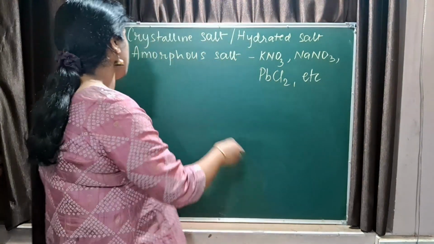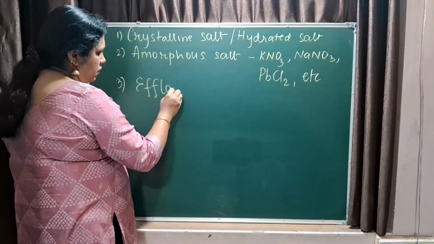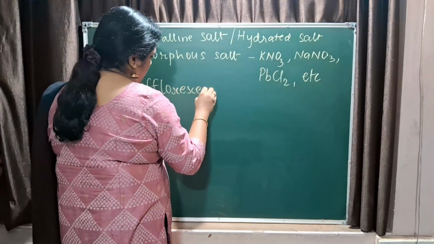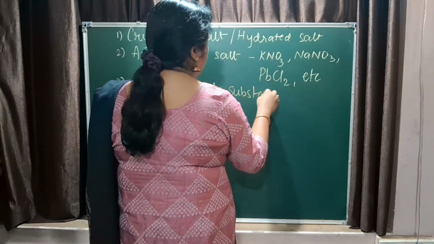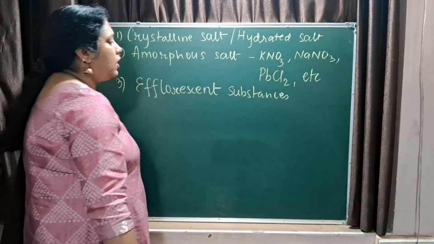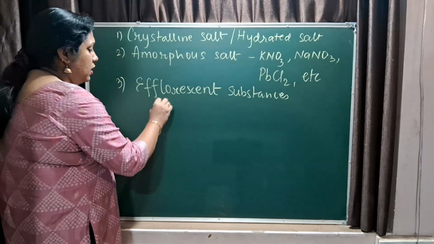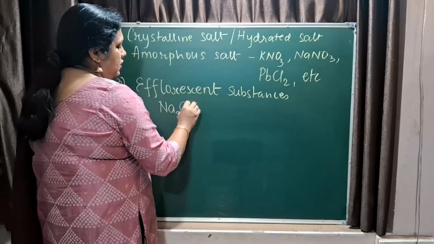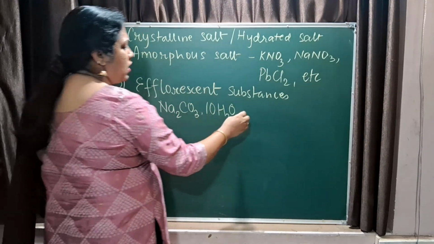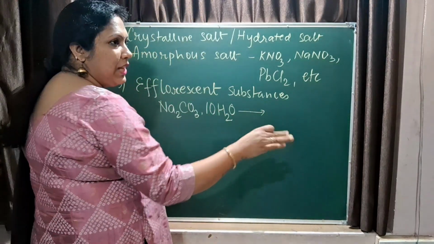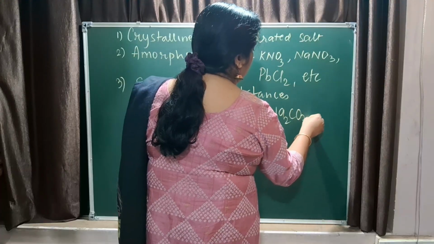Next we talk about the efflorescent salts or substances. As we have already discussed, the real name of washing soda is sodium carbonate decahydrate. It loses around 9 molecules of water when it is left like that, to form sodium carbonate monohydrate.